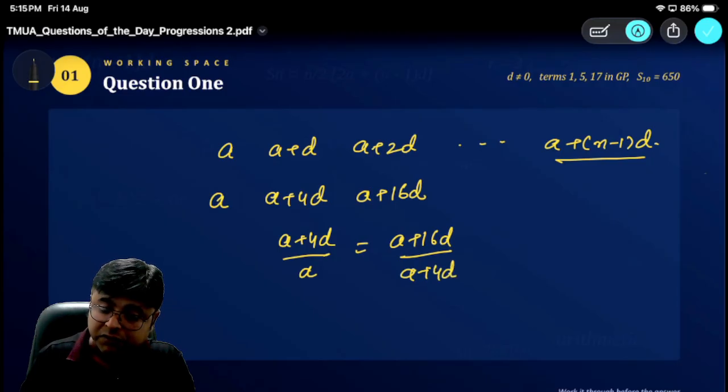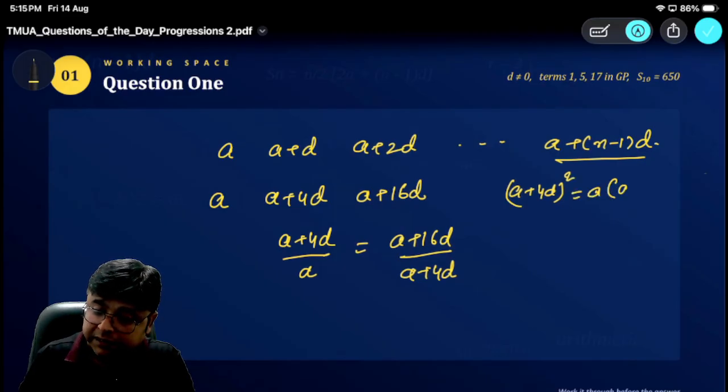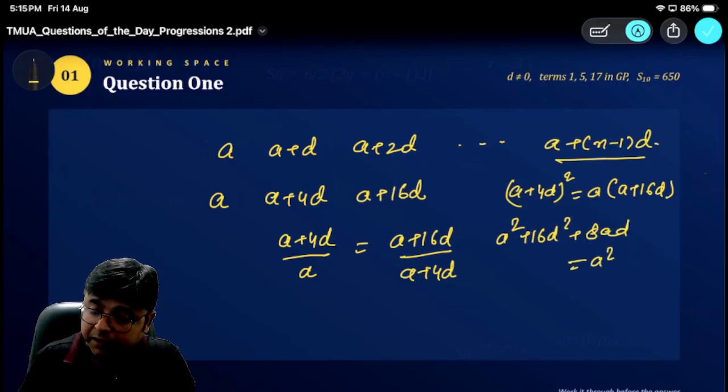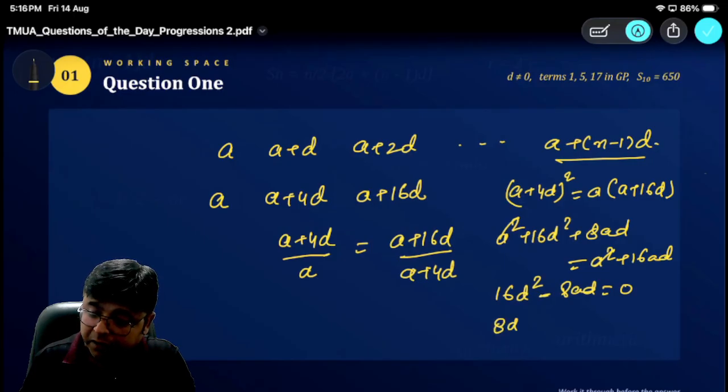Now, if I cross multiply, I get A plus 4D whole square equals A into A plus 16D, which gives A square plus 16D square plus 8AD equals A square plus 16AD. A square gets cancelled, so I get 16D square minus 8AD equals 0. If I take 8D common, it gives 2D minus A equals 0.